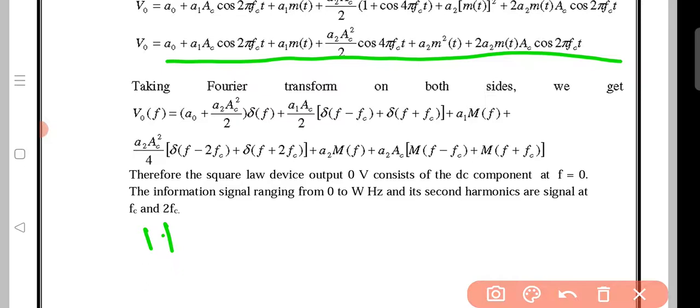Using those mathematical operations, V naught of f is obtained by taking the Fourier transform of the above equation like this.